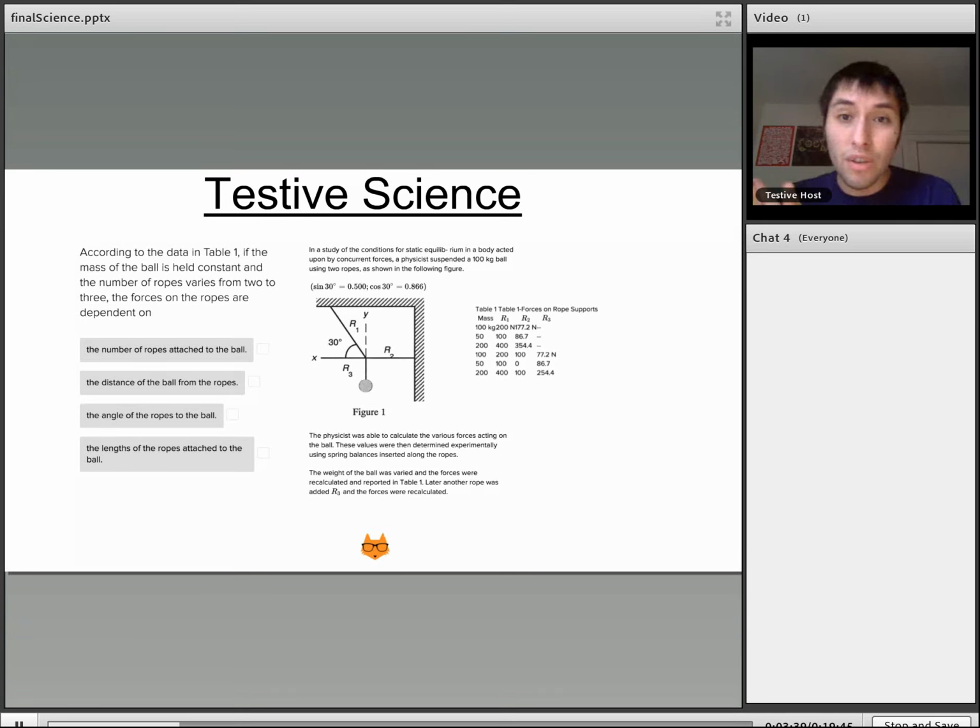The information that you need to answer the questions will always be provided for you on the exam, and on Testive we have the exact same format. We've got here some tabular and graphic material that you have to digest along with the text that's provided. And this question is asking about the table. Other questions will ask you about the graph or the text and specific portions of each.